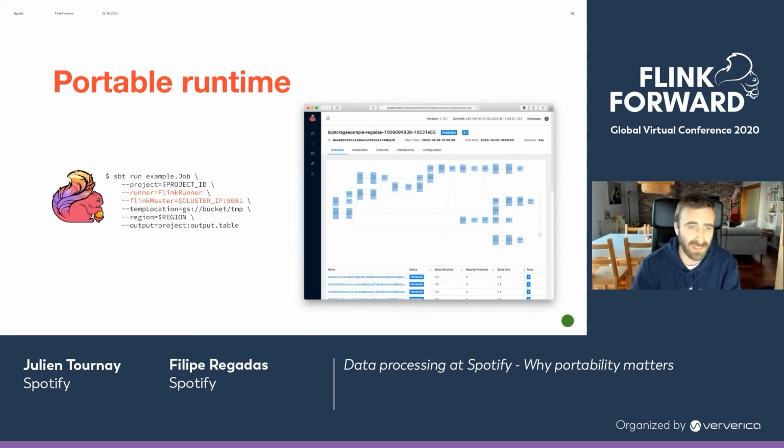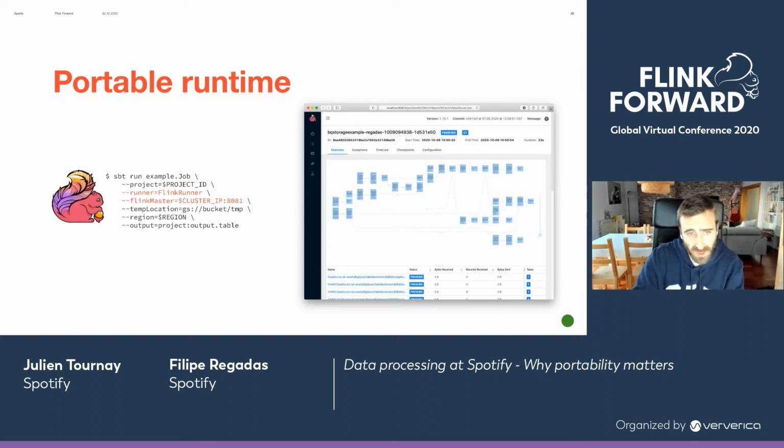There's one additional flag that tells where the cluster lives, and this would be the job graph that you would see for this specific job. This is a very familiar dashboard for all of you, I'm assuming. So we were able to, with no code change, run the two jobs, and so we kind of achieved the portable runtime point. But for this particular job, we actually needed to deploy Flink.